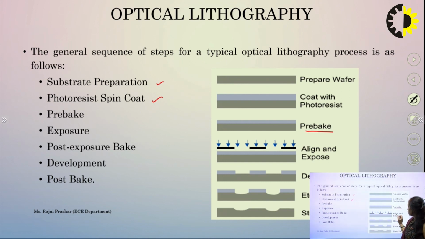Then it is exposed and aligned. Here we have the mask, and this mask pattern is transferred onto the substrate by passing UV light, so it is aligned and exposed to the UV light. Then it is baked again and developed. When we align, the pattern is generated but we cannot see it, so it is developed with the help of a developer solution.